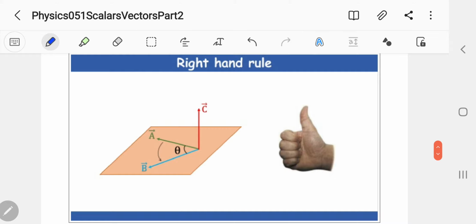So this is how you do it. You have A, put your palm on A and then move your palm towards B, so you get the direction C by your thumb. So this is your C, the cross product, and your thumb is in that way.